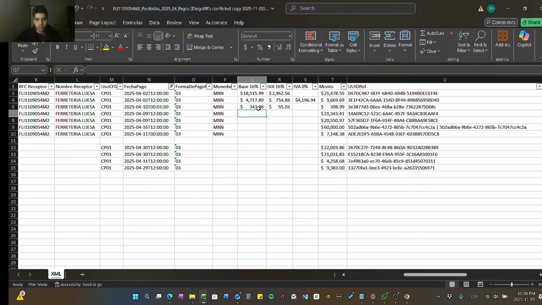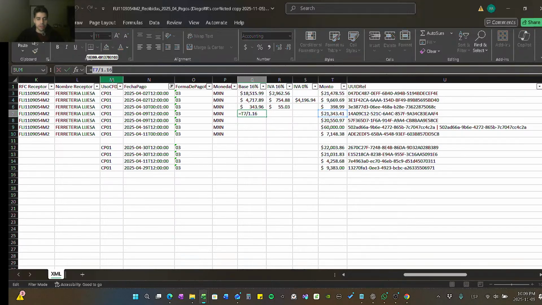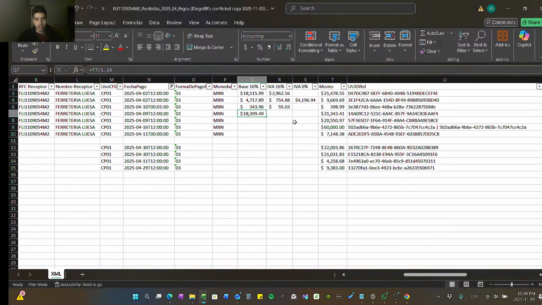What I have to do right here is just make the same formula that I did in the previous row, which was just separating the actual price of the product or service from the taxes. And then in this cell right here, I need to add back those taxes.